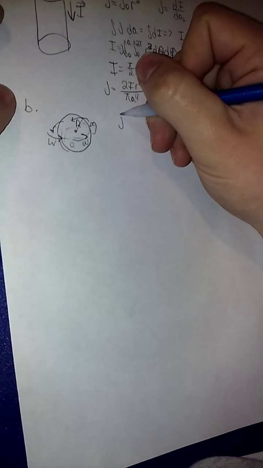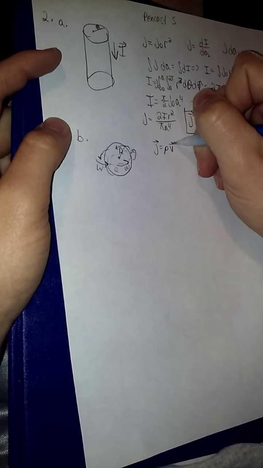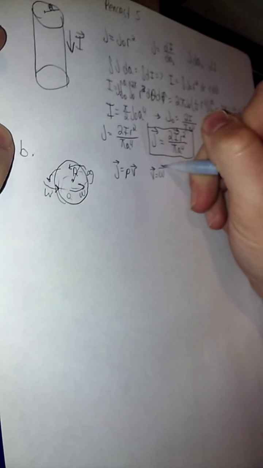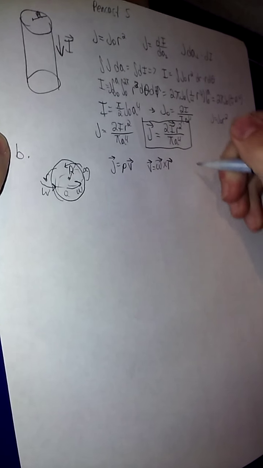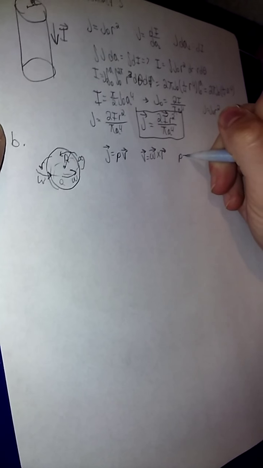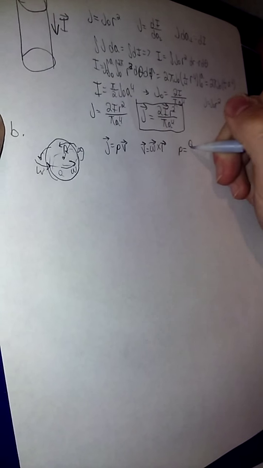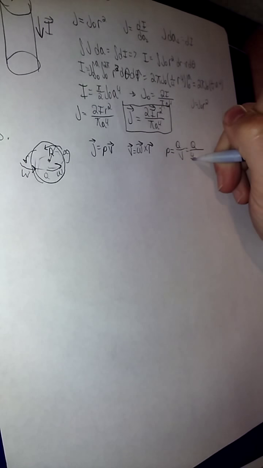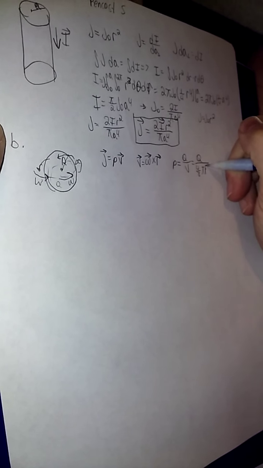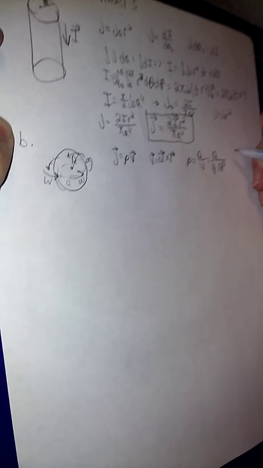We're also given that Q is uniformly distributed. So now we have J equals rho V, V equals omega cross R, and since it's uniformly distributed, rho is just going to be Q over the volume, which equals Q over 4/3 pi big R cubed for the total enclosed charge.